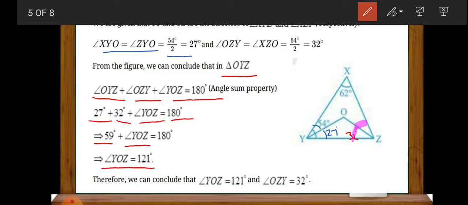So angle YOZ is equal to 121 degrees. Therefore, we can conclude that angle YOZ is equal to 121 degrees and angle OZY is equal to 32 degrees.